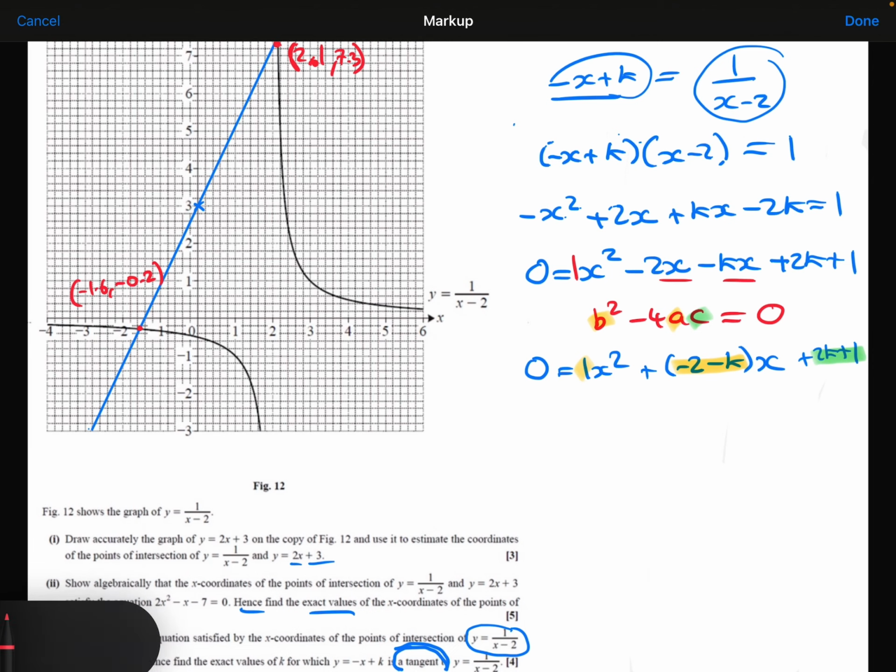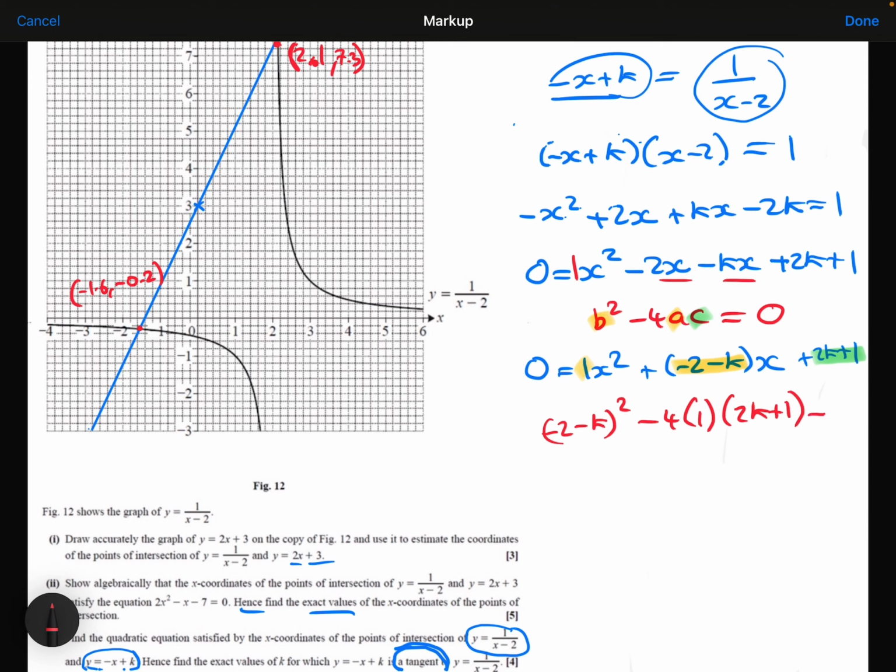So let's substitute those into the discriminant then. So the b squared minus 4 times the a times the c has to equal 0 for this to be a tangent. Expanding this out, so the minus 2 squared is 4.